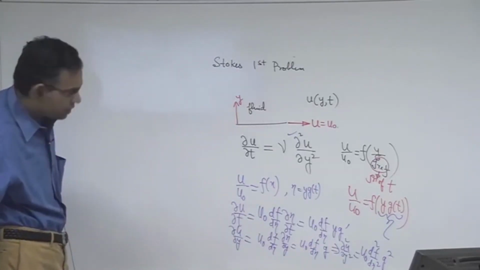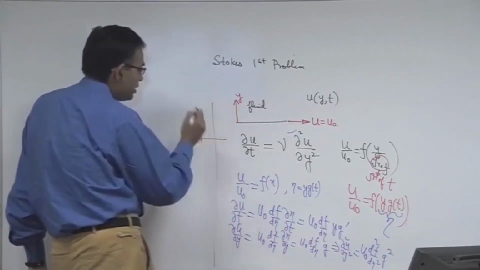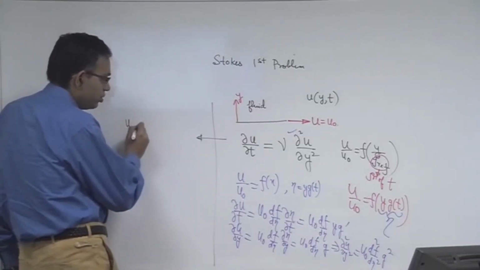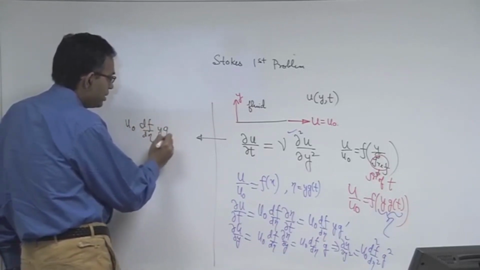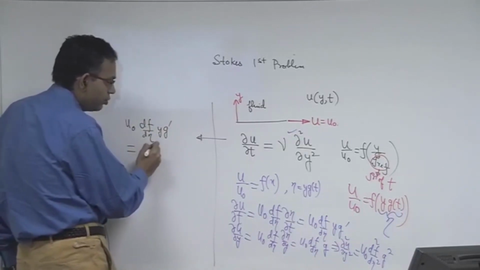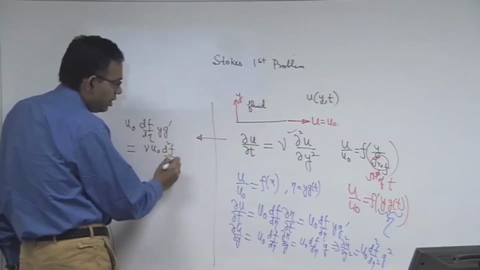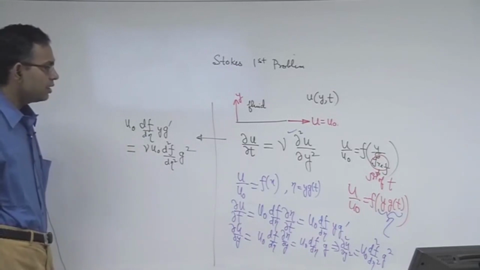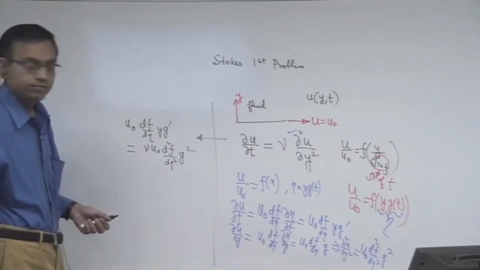So, let us then write this equation. del u del t, that is u0 df d eta into y g dash, is equal to nu del 2u del y 2, that is nu u0 d2f d eta 2 into g square. And what is y? y is eta by g, right.